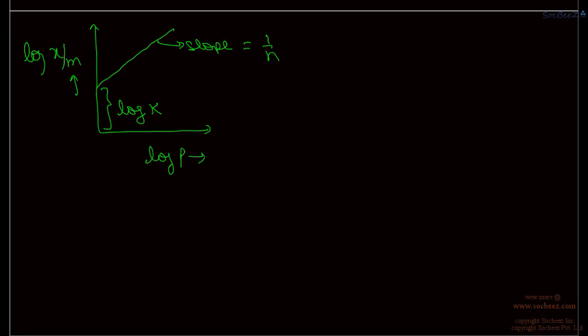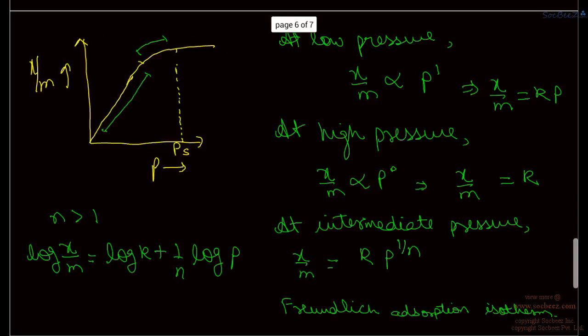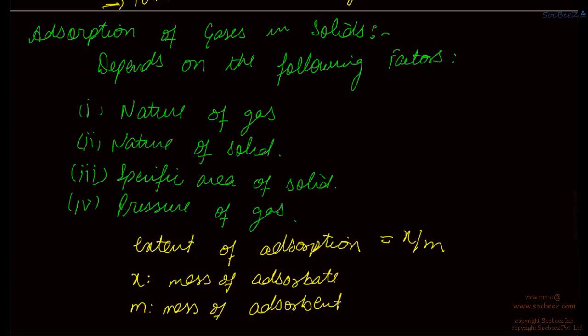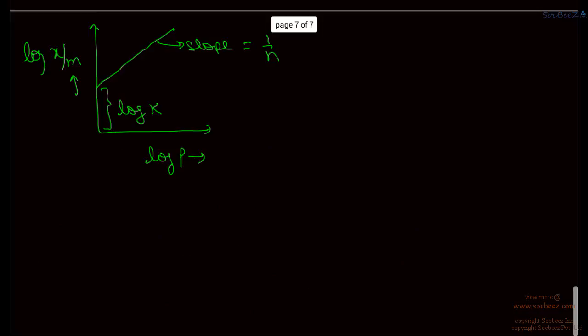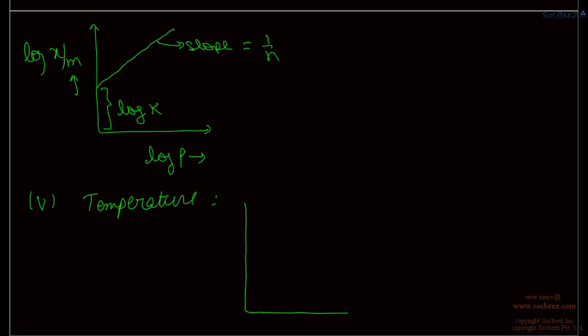Now, there is another parameter on which adsorption depends. After pressure we have discussed 4 parameters, so the fifth one is temperature. Physisorption depends on temperature in a different manner than chemisorption.